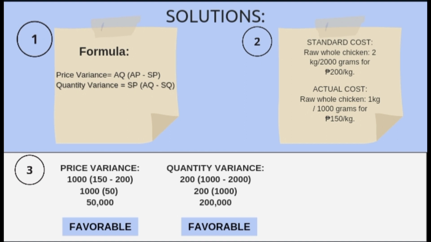And then multiply it by 200, and the result would be 200,000. The quantity variance is favorable because the actual quantity is lesser than the standard quantity. So for problem number 2, the price variance is 50,000 and it is favorable, while the quantity variance is 200,000 and it is also favorable.